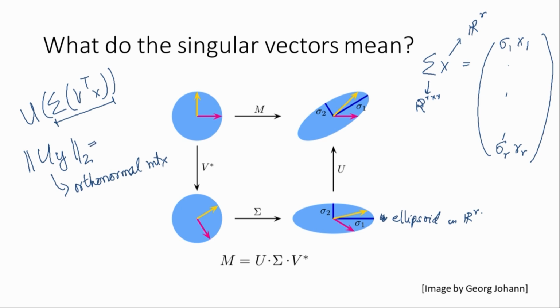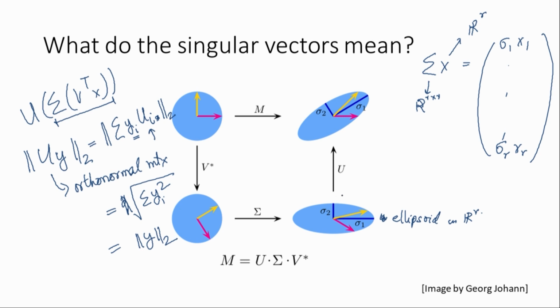U of y you could write as a vector: y_i is the ith coordinate of y, and u_i is the ith column of U. So the norm of U y is the norm of this vector. But these columns are orthogonal to each other, so using Pythagoras, this is nothing but the norm of y.